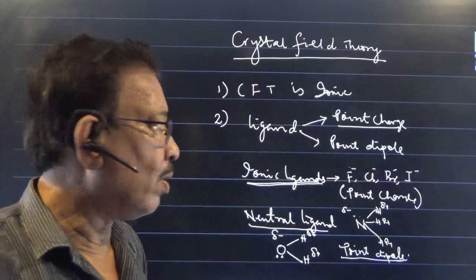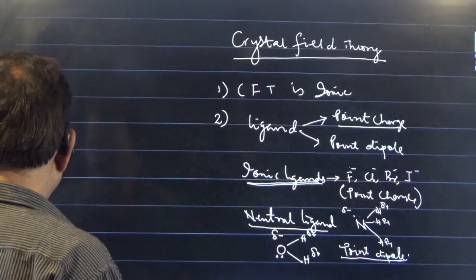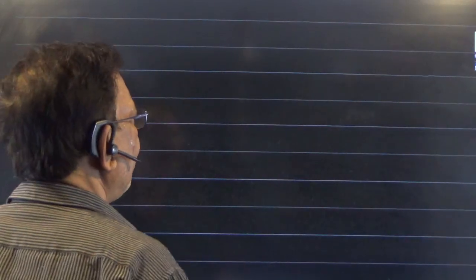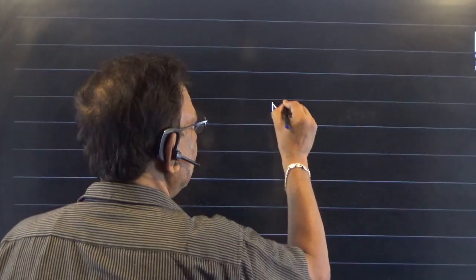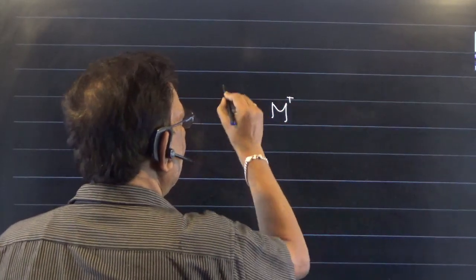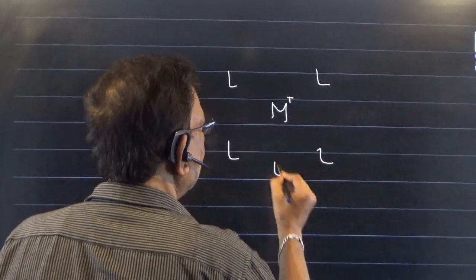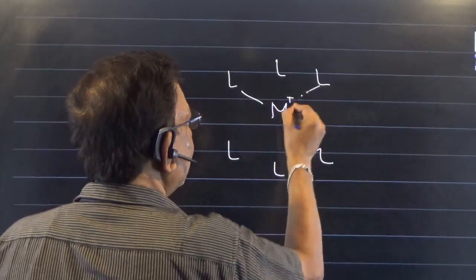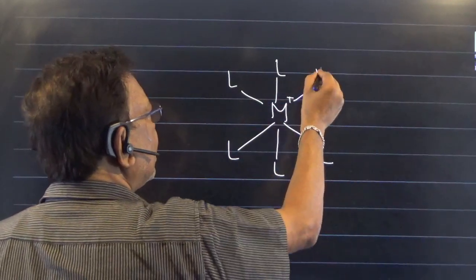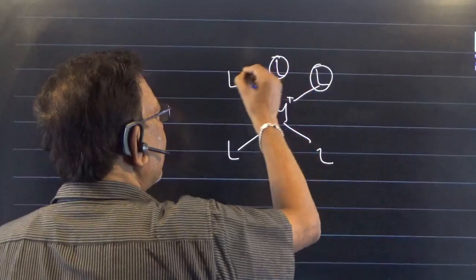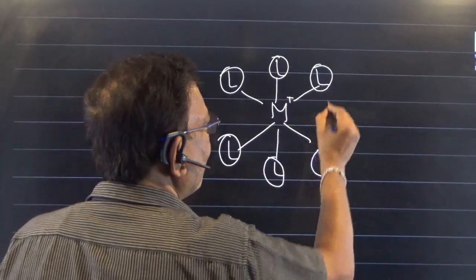Very good. So now we will be coming to when a metal atom or ion and ligands are coming in octahedral complexes. These ligands are generally regarded as point charge or point dipole.